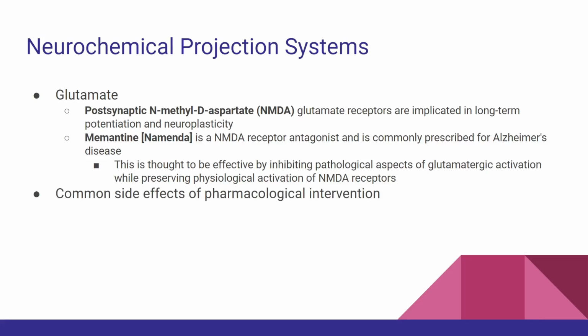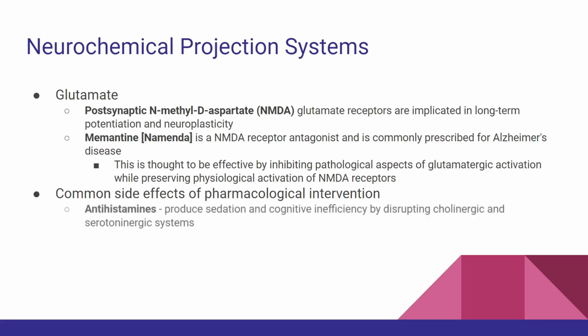There are some common side effects related to these various psychoactive drugs, as well as other medications that aren't used for the explicit purpose of psychoactive intervention. So for example, antihistamines often produce a sedatory effect as well as disrupt cognitive efficiency, because antihistamines disrupt our cholinergic and serotonergic systems.